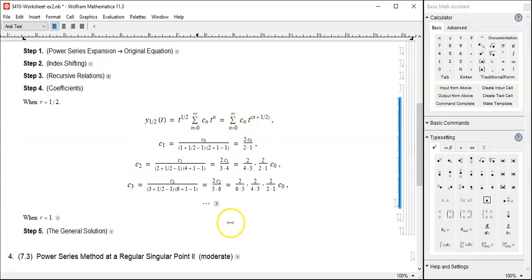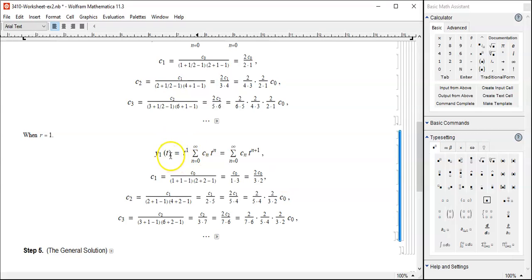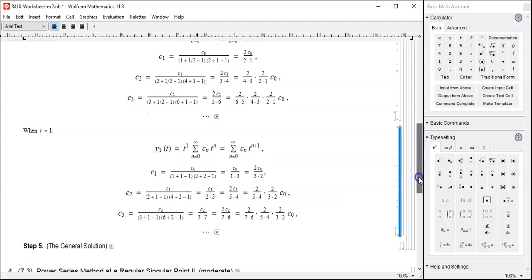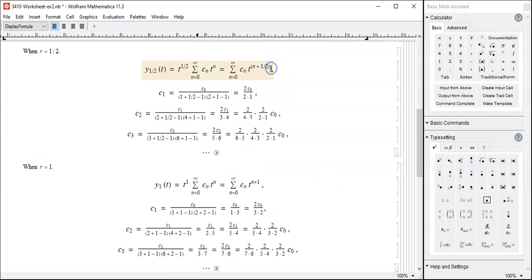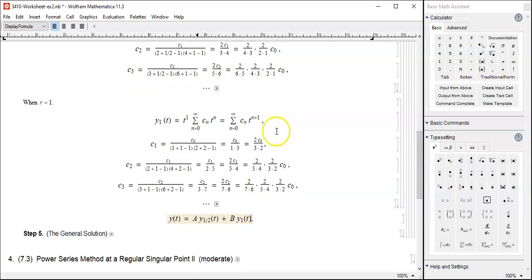Like this, the first several terms, and name it y_1/2 of t, and then y_1 of t for this eigenvalue, and the first several terms calculated out, and the general solution I write as y of t is equal to a times y_1/2 of t plus b times y_1 of t, where y_1/2 is a series expansion with the first 2 or 3 terms, and then y_1 is the series expansion with the first several terms, and I always gave full credit to this kind of answer.